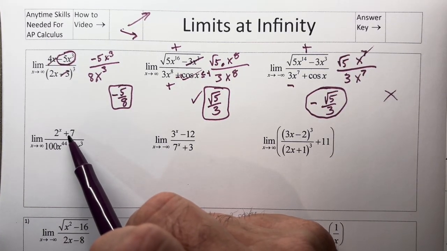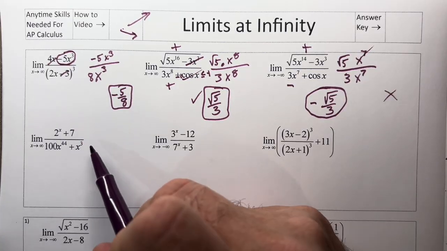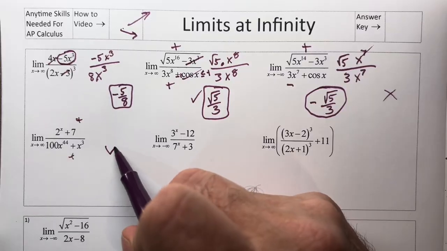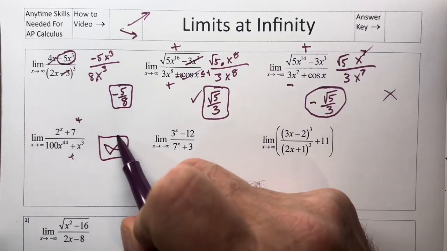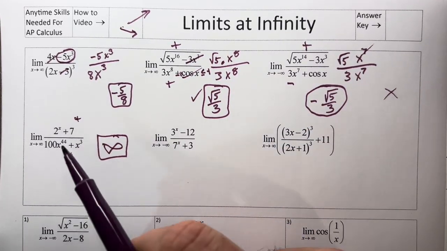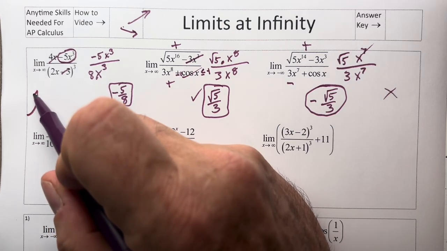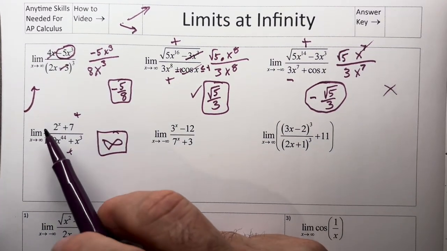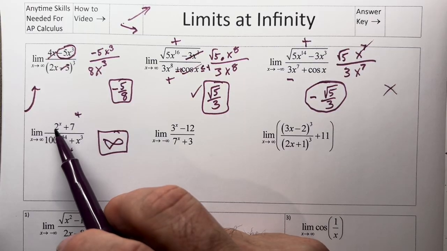If x is large enough, the top will dominate, and this is going to be positive and positive. This does go to infinity, because eventually 2 to the x grows incredibly fast, much faster than any polynomial. Doesn't matter what the polynomial is, exponential functions will grow faster.